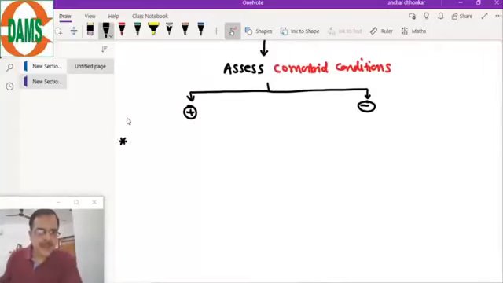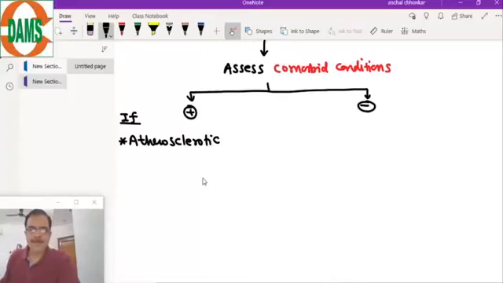Number one, if atherosclerotic cardiovascular disease is present.